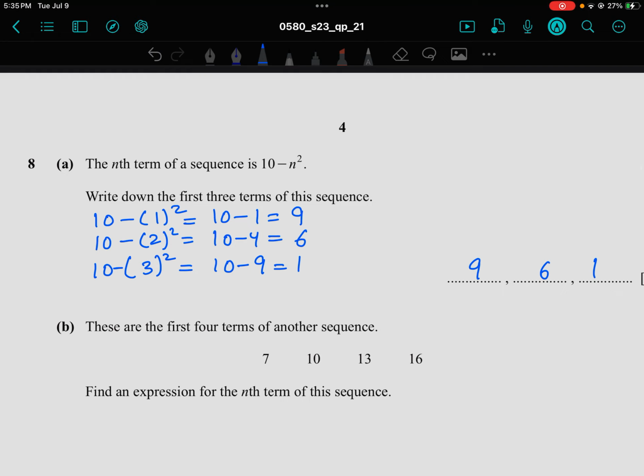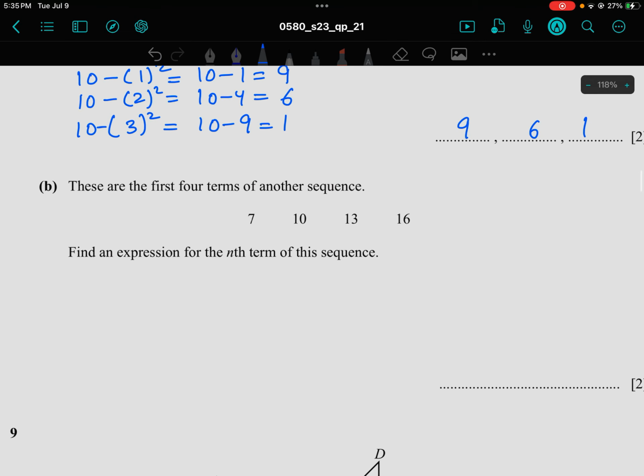Then part B. These are the first 4 terms of another sequence: 7, 10, 13 and 16. Find an expression for the nth term of the sequence. So first find a relation between the first and second term, then the second and third term, and then the third and fourth term. You can see 7 plus 3 will give me 10, and then 10 plus 3 will give me 13, and then 13 plus 3 will give me 16.